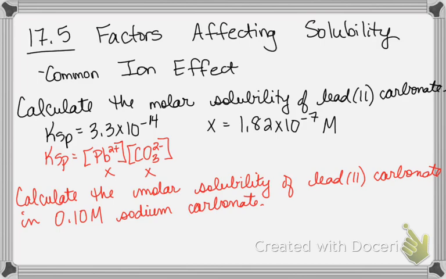But if we have 0.10 molar sodium carbonate, that means if that ionizes completely, and it does, if all of this ionizes, and you don't have to write this, I'm doing this so you can understand where I'm getting the numbers from.